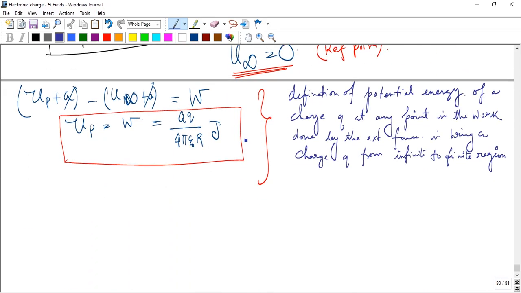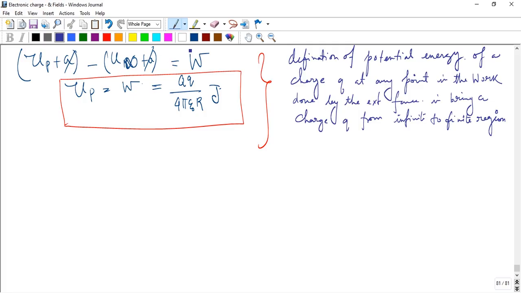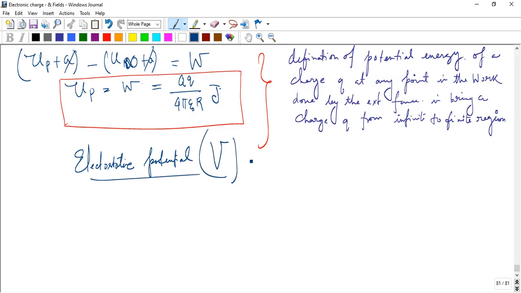And what is electrostatic potential? Now the important term, electrostatic potential V, that is a scalar quantity. That is W from infinite to point P, or W from R to P, by charge q, the test charge, which is equal to the work done related to the changing potential energy.